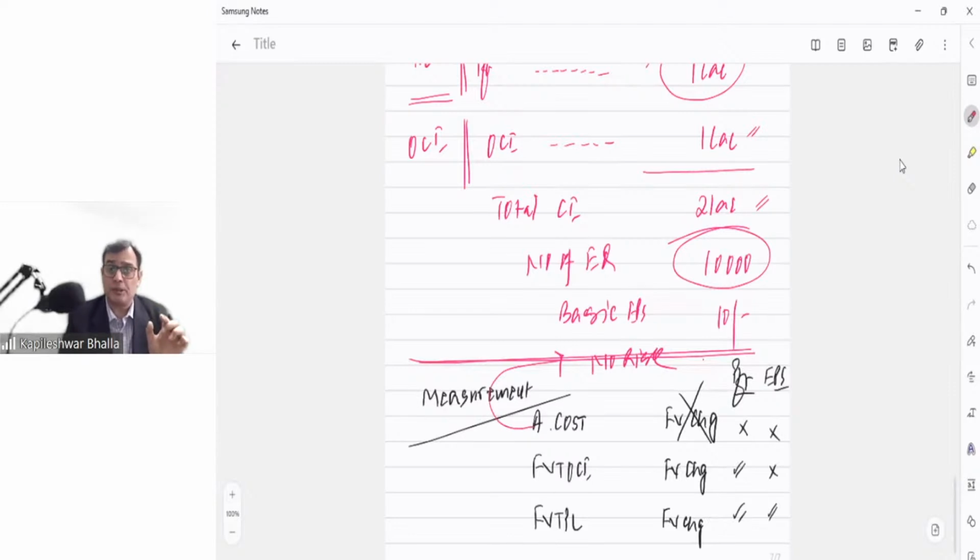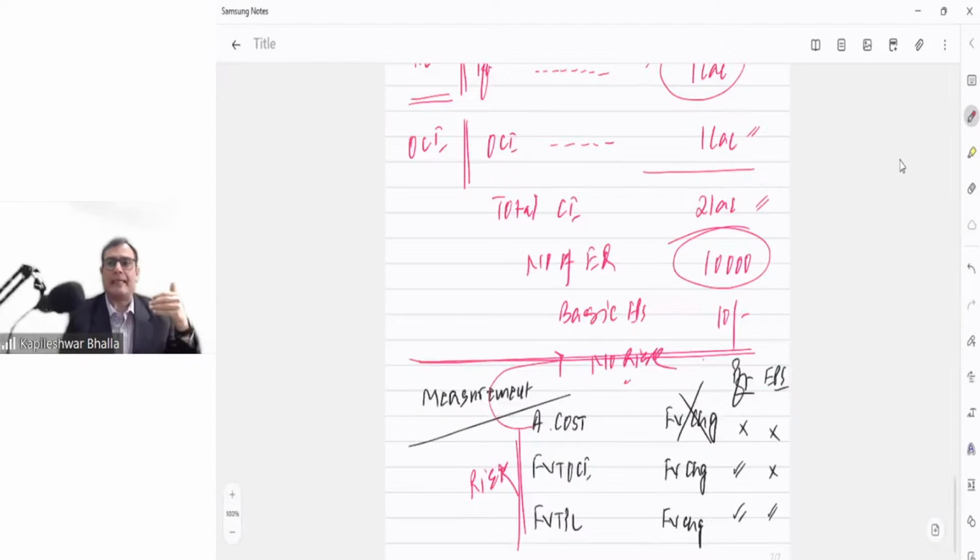But in a situation, by applying those particular tests, we reach a conclusion that there is no risk, we should apply an amortized cost accounting. If you say that there is definitely a risk, then if a company is taking a risk, give them a fair value approach. Because risk and return go hand in hand. If the company is taking a risk, then are they able to generate that return or not?